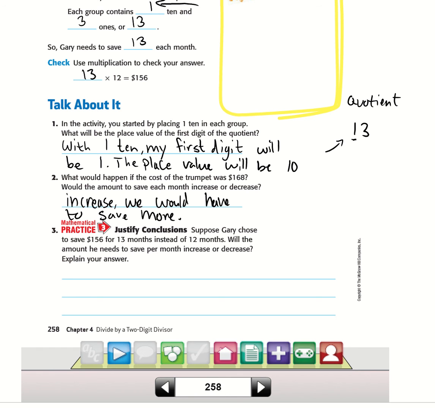Number 3, justify a conclusion. Suppose Gary chose to save $156 for 13 months instead of 12 months. Will the amount he needs to save per month increase or decrease? Explain your answer.